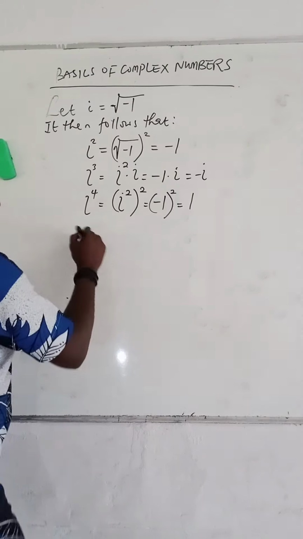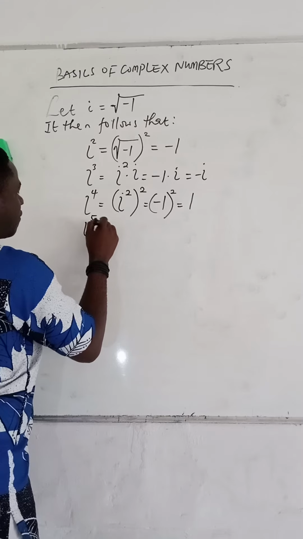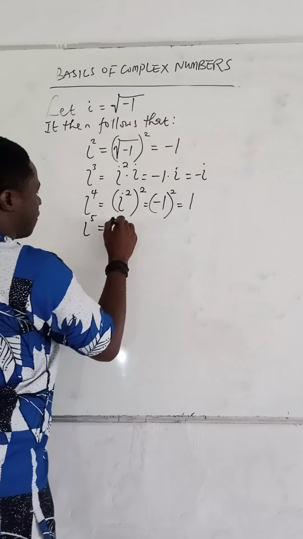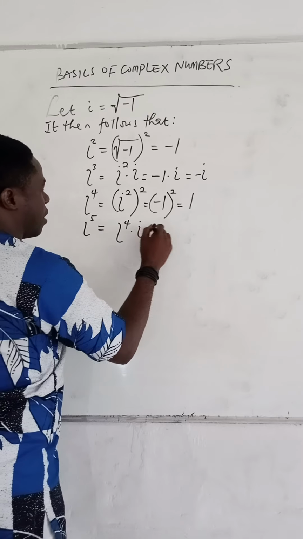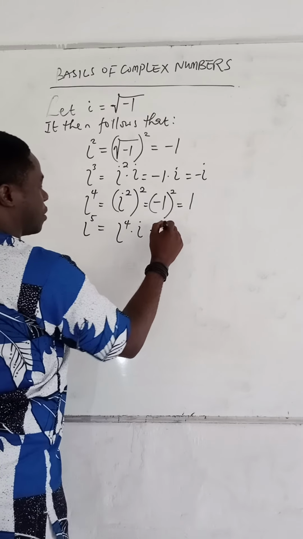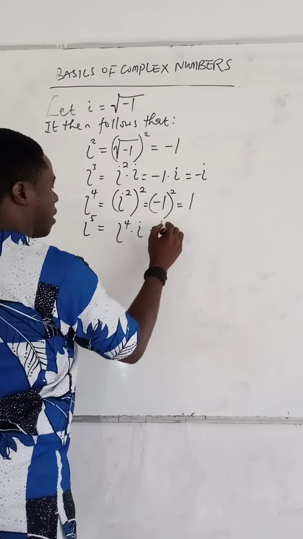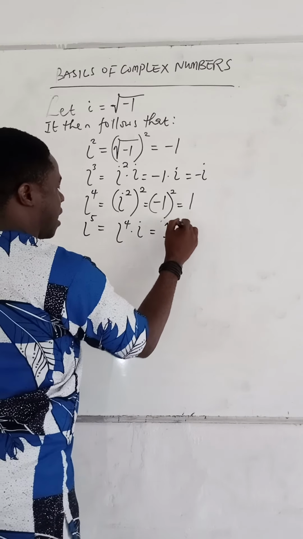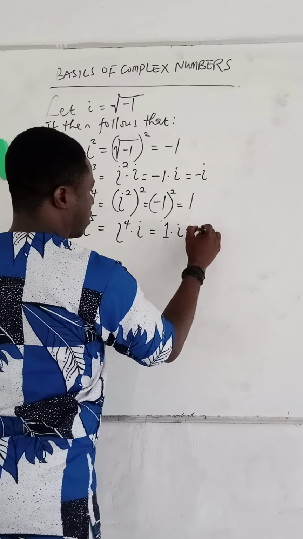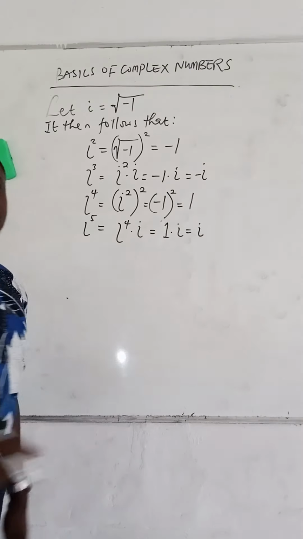If we continue, i raised to 5 is i raised to 4 times i. Now i raised to 4 is 1, so we have 1 multiplied by i, which is positive i.